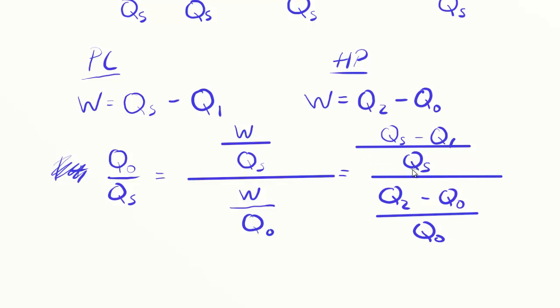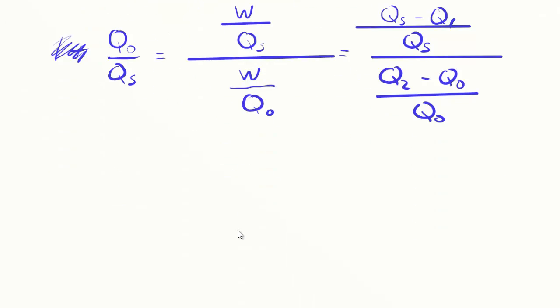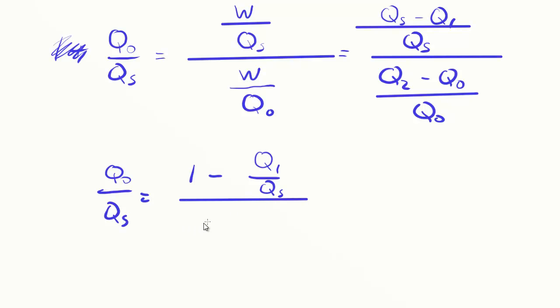And now I can start doing some simplification of this. On the top we have Q naught divided by QS is equal to 1 minus Q1 over QS, and on the bottom we have Q2 divided by Q naught minus 1.